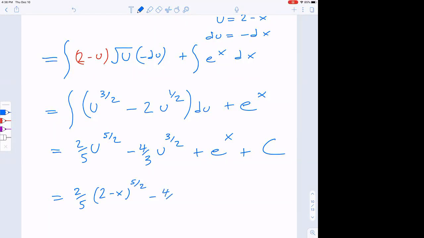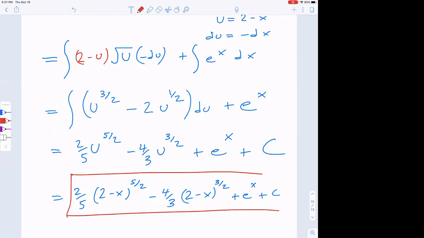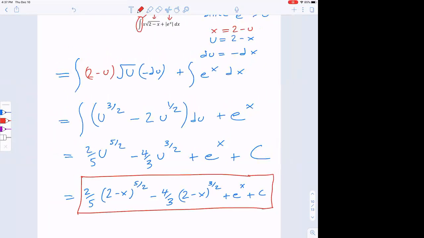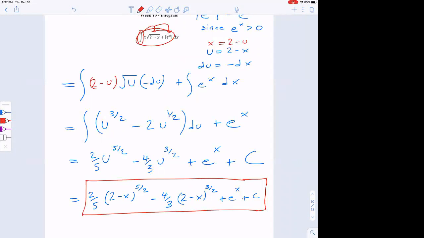And then 4/3, u is 2 minus x, power 3/2. And then plus e to the power x plus c. So that should be our final answer for this indefinite integral, or if you like, that should be the general antiderivative of the integrand that we started with.